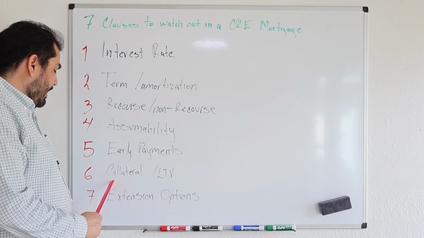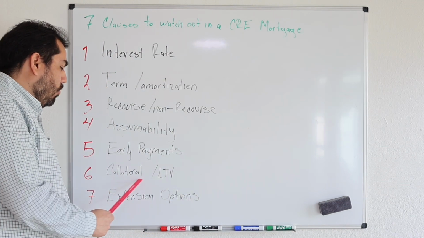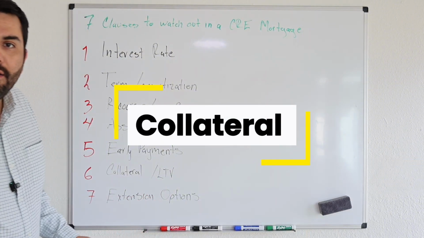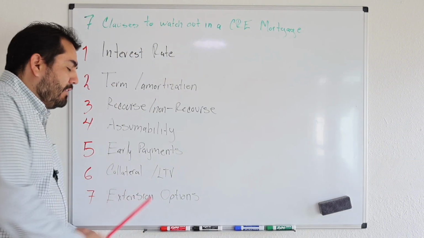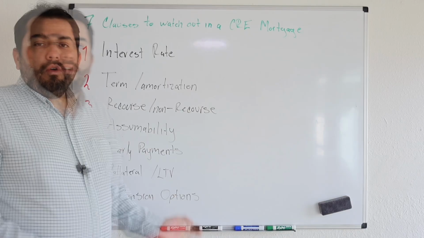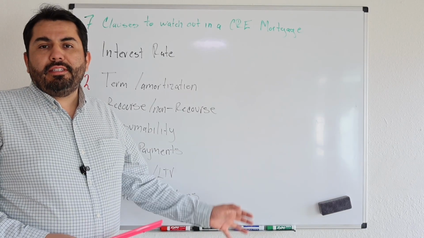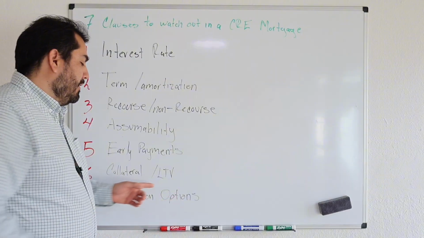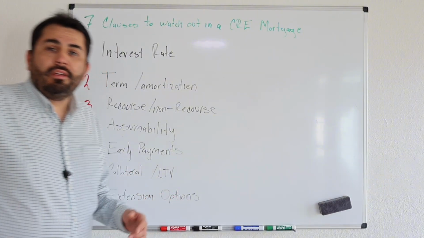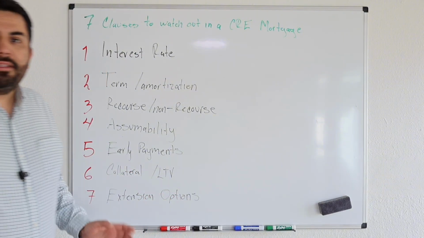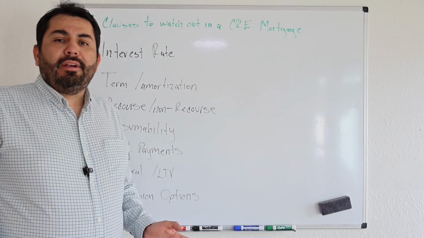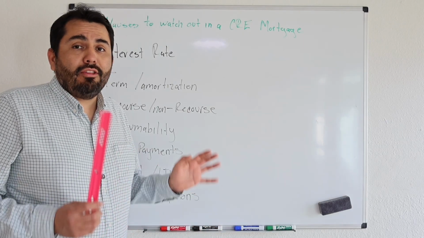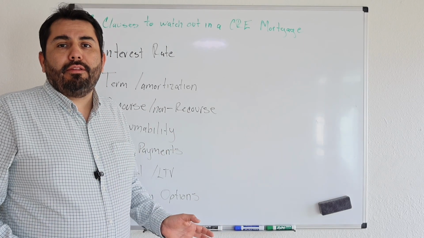Okay, so the sixth point is the collateral or loan to value. Collateral is the guarantee of the loan. Usually this is the property. If this is the property, you have this number that you may already know, the loan to value. Usually for commercial loans, the banks lend up to 80% loan to value.